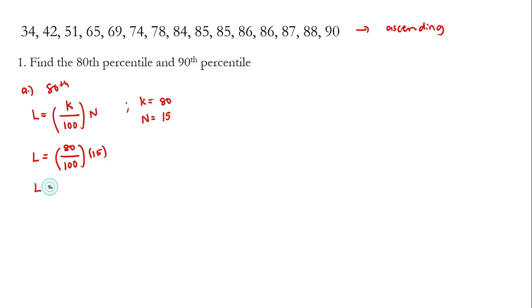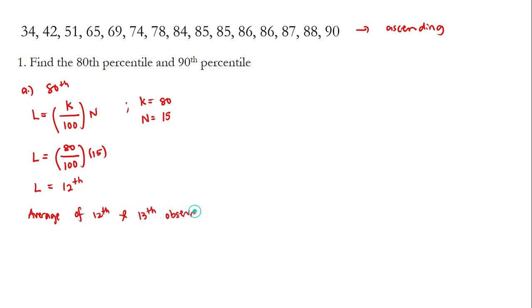L is in the 12th position. But take note, class, that we have a rule. If we get a whole number as the position, we need to get the average of the 12th term and the 13th term.